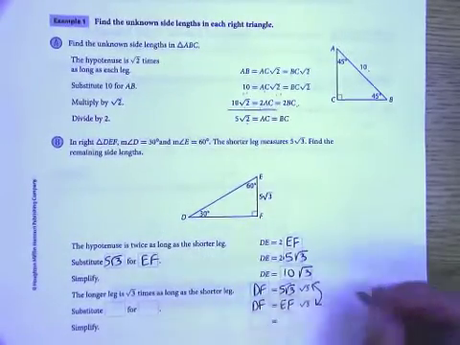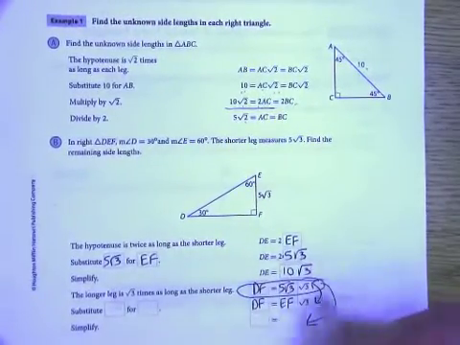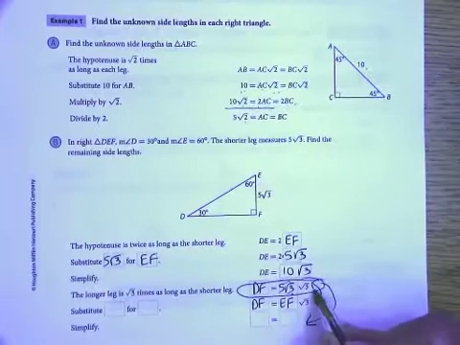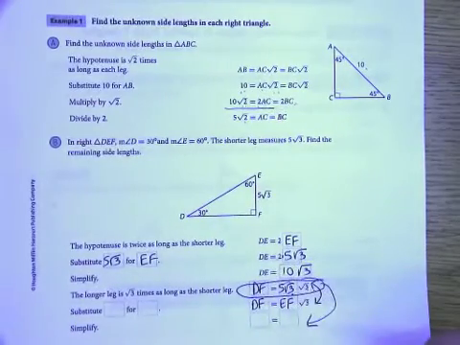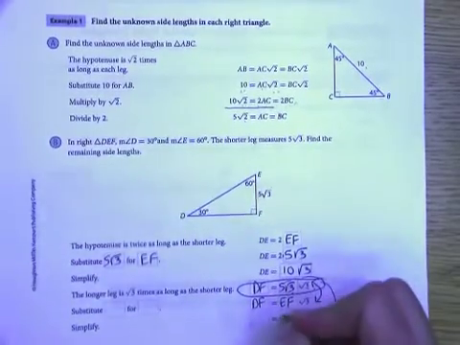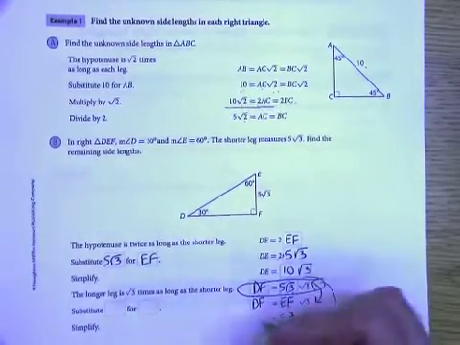I don't see any reason to do it. At this point, 5 radical 3 times radical 3. Well, let's think about this. Radical 3 times radical 3 is radical 9. Square root of 9 is 3. So I have 5 times 3, which is 15. And that's the length of DF.